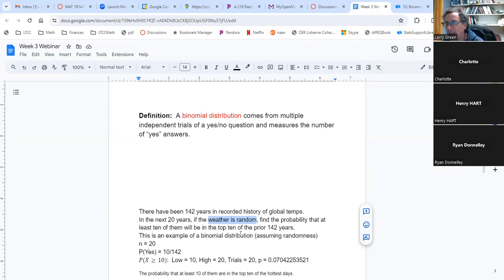It's not random. We're not the same as it has been in the last 142 years. Things are different on Earth right now. And that's how scientists and statisticians collaborate and come up with convincing scientific arguments that we have climate change.